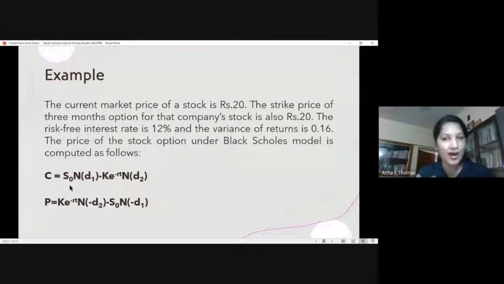Now, I would like to add, which we will do in our next class, suppose you assume two conditions where you compute the put as well as the call price.